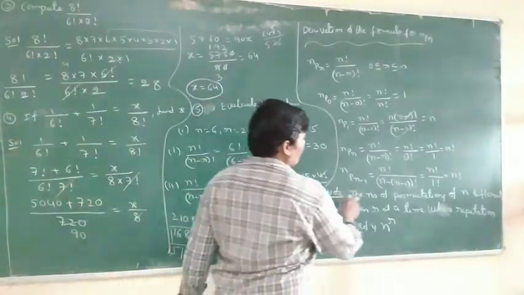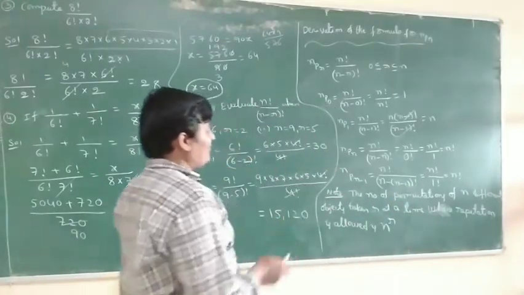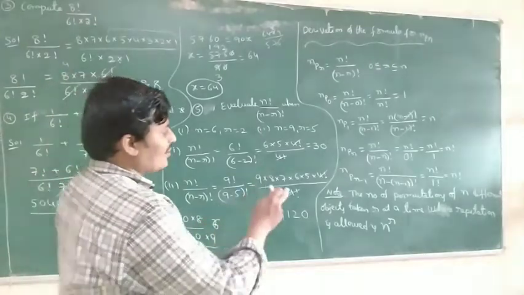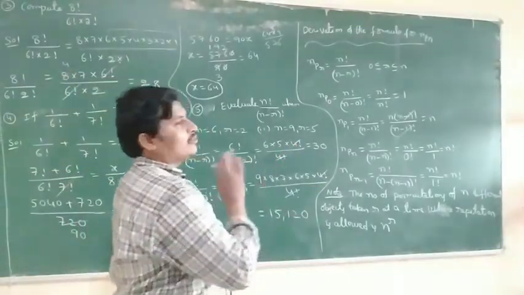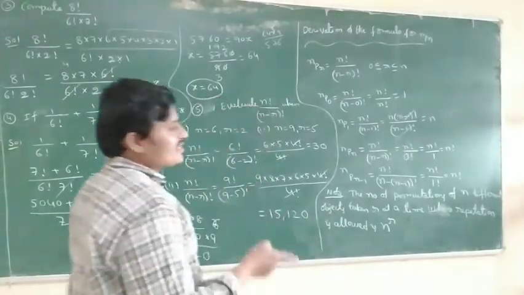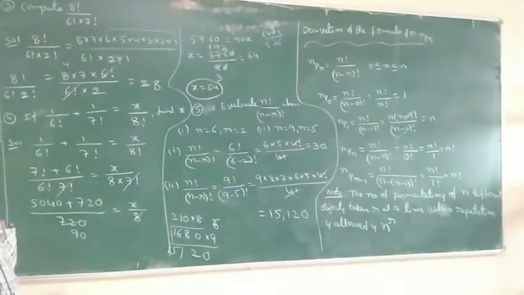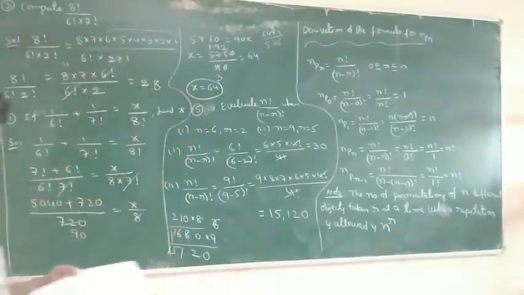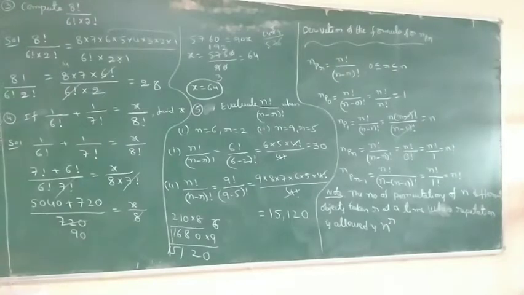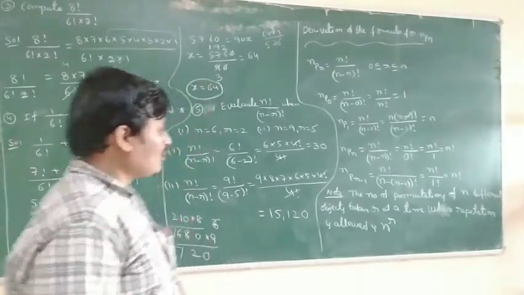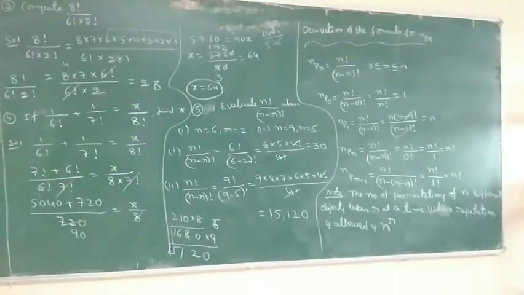Where repetition is not allowed, the formula is nPr. Repetition is allowed: n power r. Okay. Tomorrow I will explain permutations with repetition allowed and repetition not allowed, with two more examples.